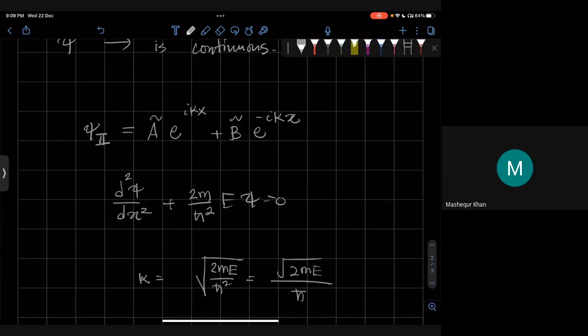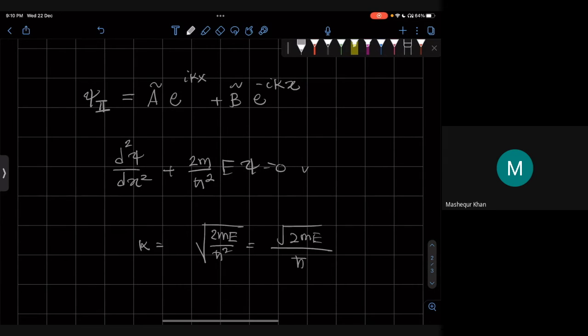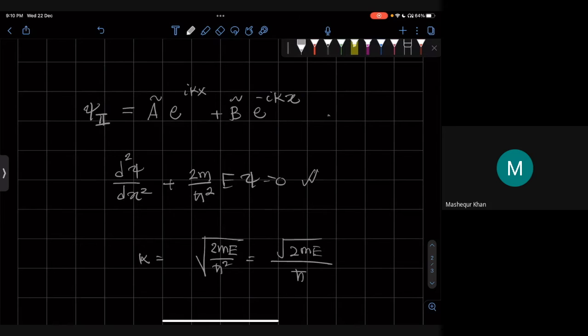Okay? So if I plug this guy into this equation, what I wanted to say is that this is the general solution to this equation for positive k.